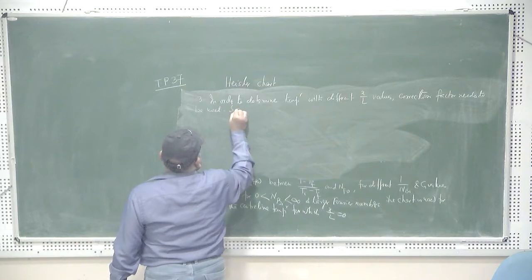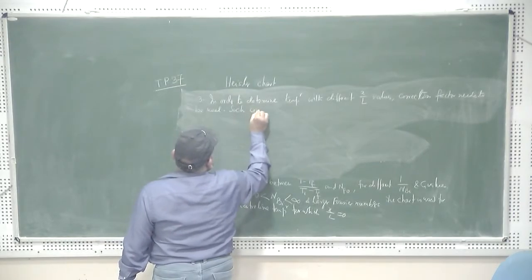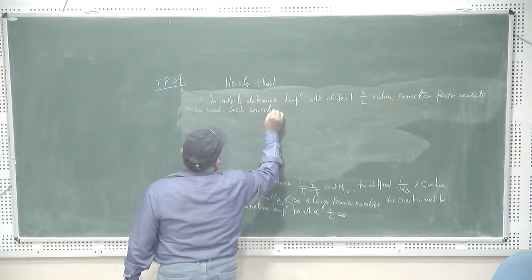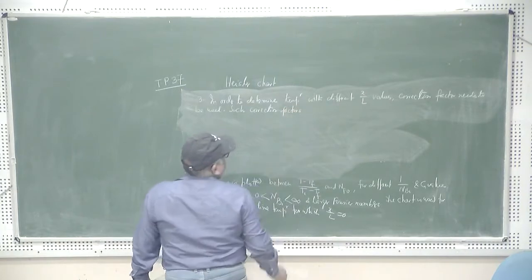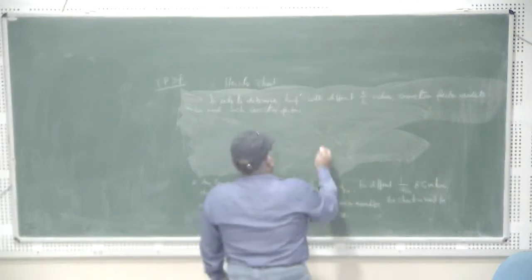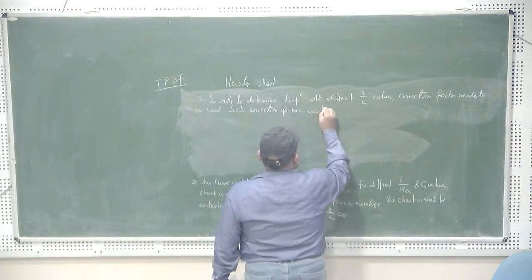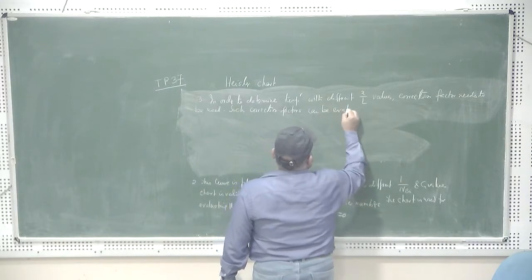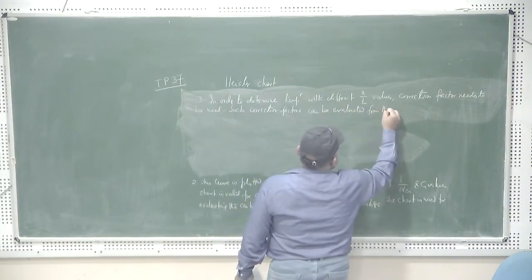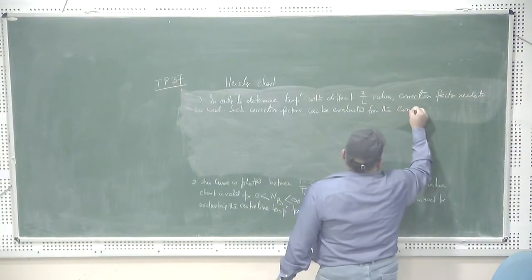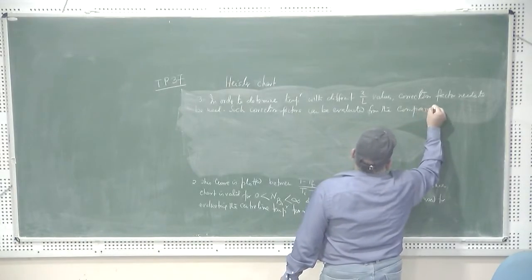Such correction factors can be evaluated from the companion Heisler diagram.